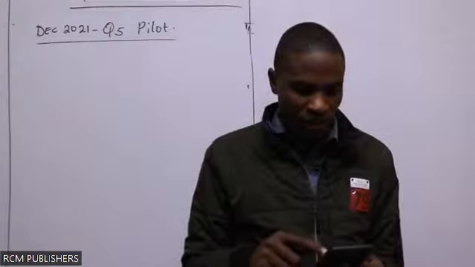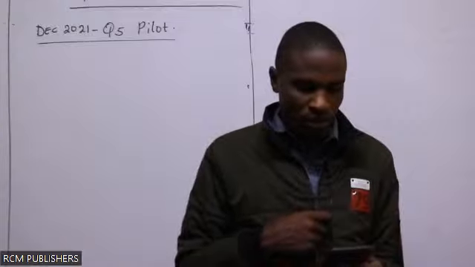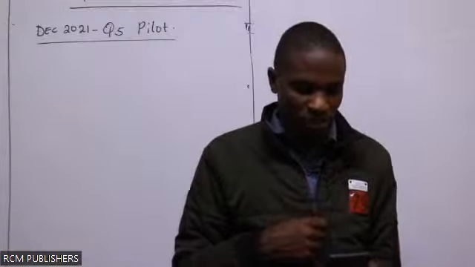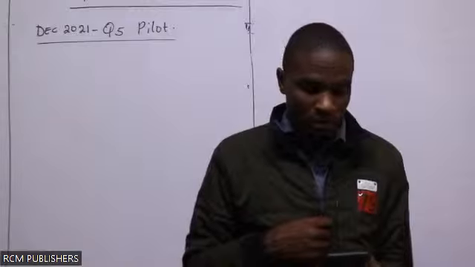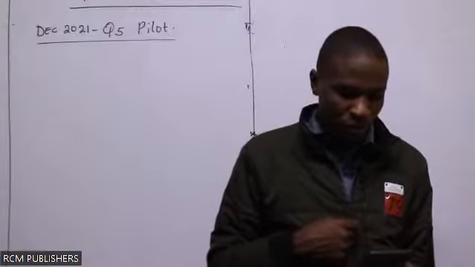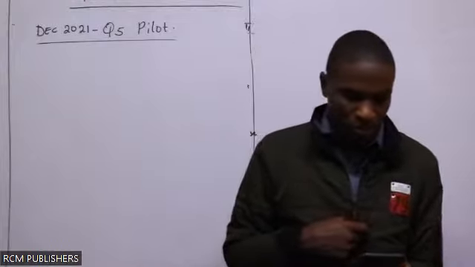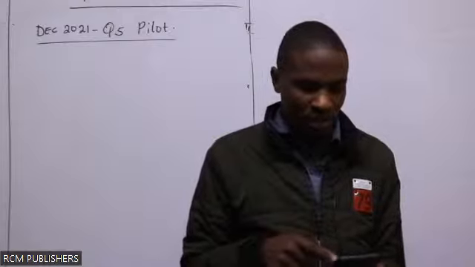We have revenue, cost of sales, gross profit, administrative expenses, distribution cost, profit before interest, finance cost, profit before tax, income tax expense, profit for the period, dividend paid, retained profit for the year, retained profit brought forward, and retained profit carried forward.